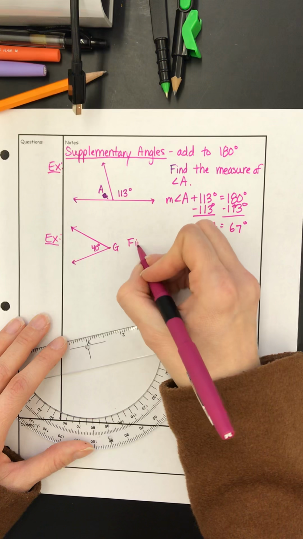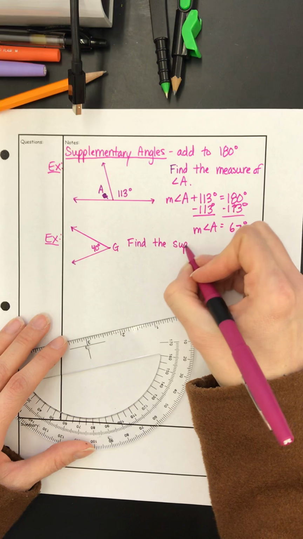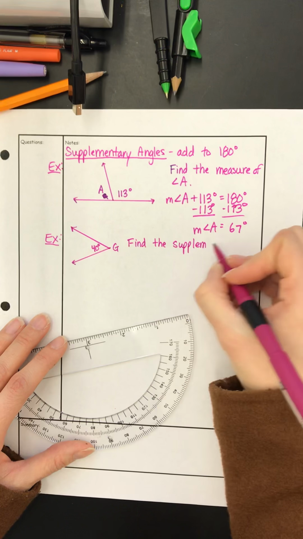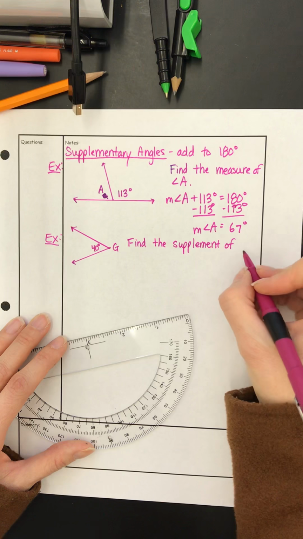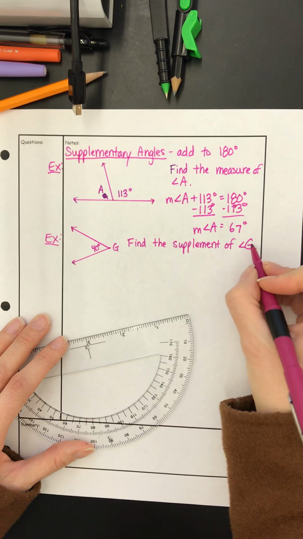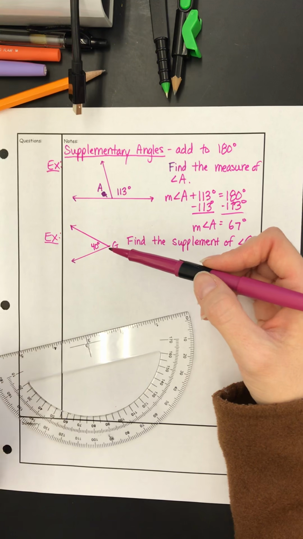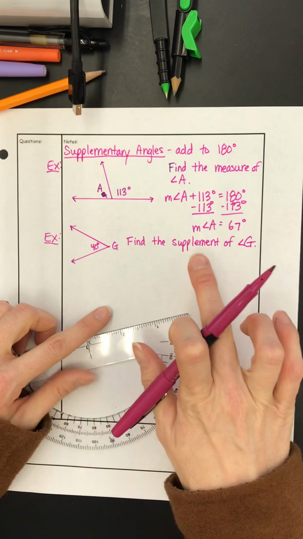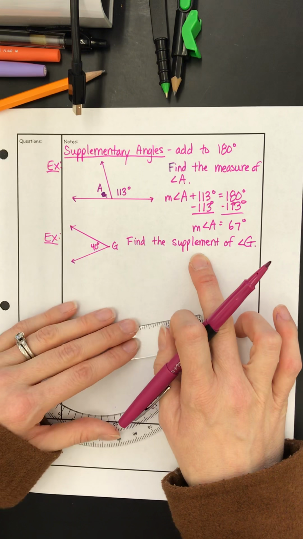So find the supplement of angle G. Even though you can't actually see where that angle is and what it looks like, we know that it's supplementary to angle G, which means it's going to add up to 180 degrees.